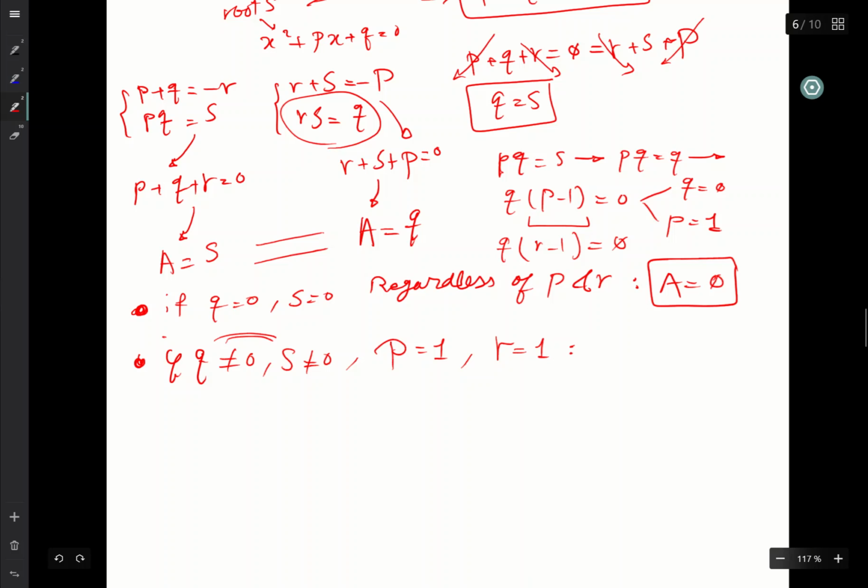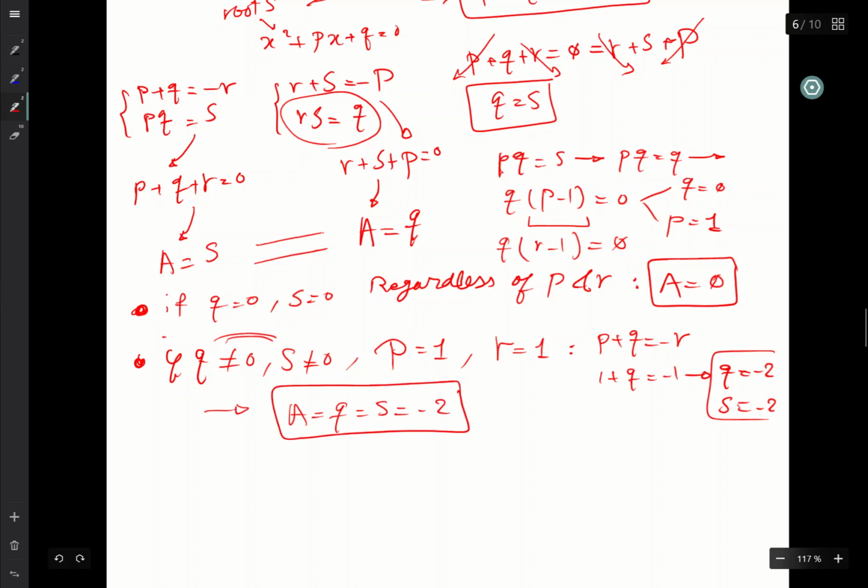And if this happens, then we know that p plus q should be negative r. So 1 plus q is negative 1, q is negative 2, or s is negative 2, right? Therefore A is equal to q is equal to s is negative 4.